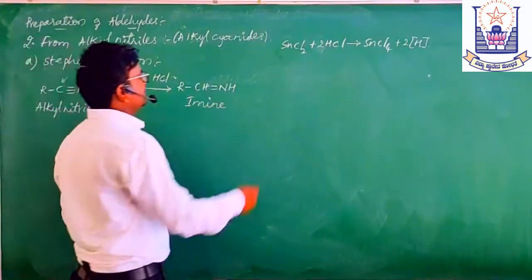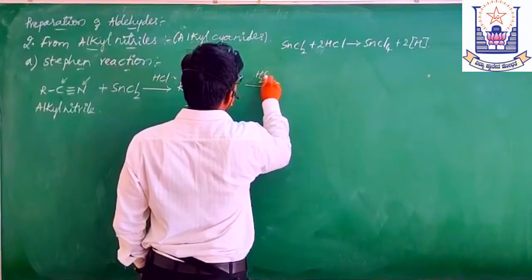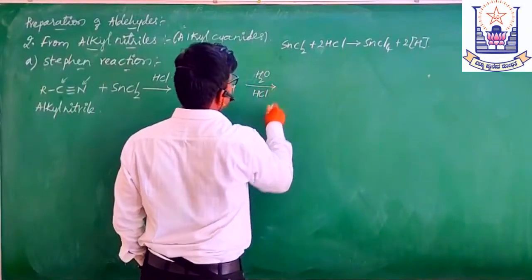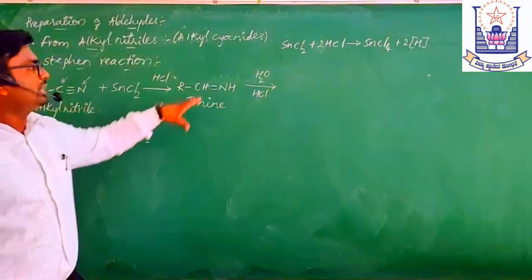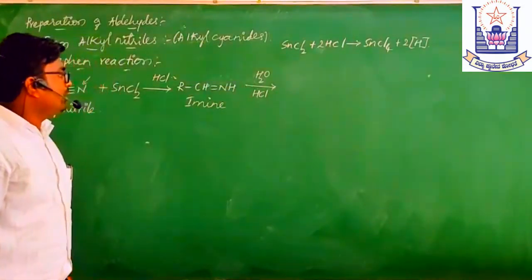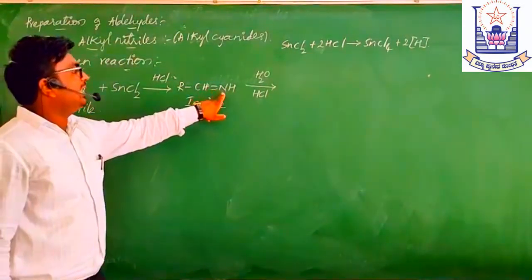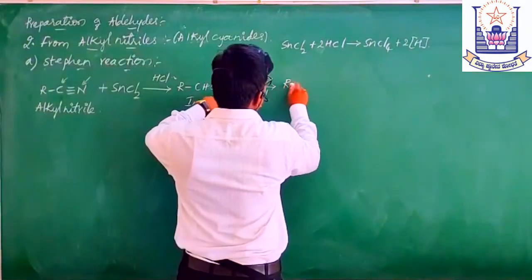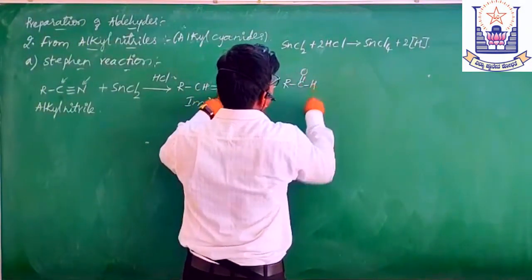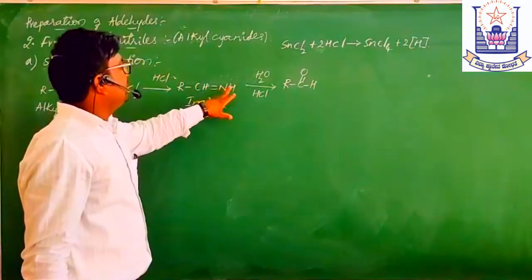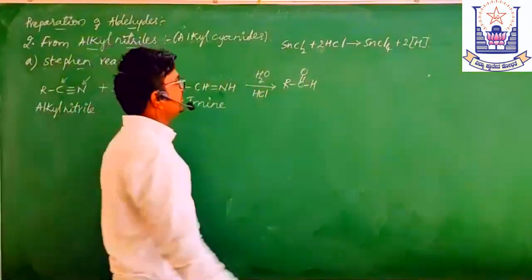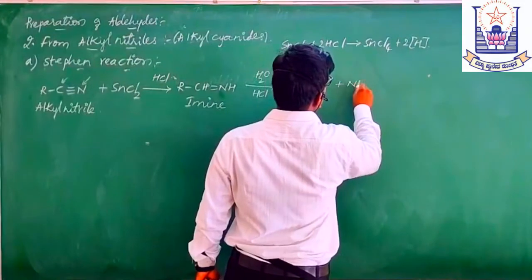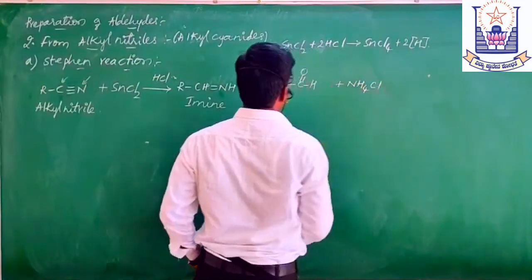When it is hydrolyzed in the presence of an acid, this is called acid hydrolysis. What happens here? This NH will be replaced with O, so that is CHO, that is aldehyde, and the remaining will form NH4Cl, that is ammonium chloride, a salt.